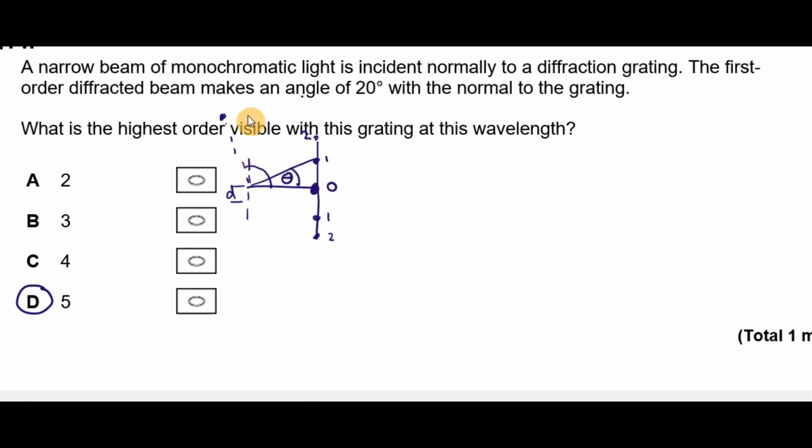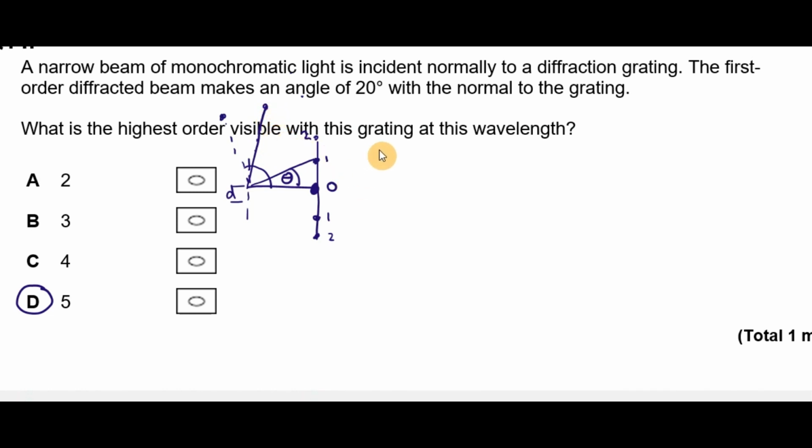That's not going to be a whole number, and then we need to find the whole number that's slightly less than that nth order at 90 degrees to find the last nth order that is actually visible.